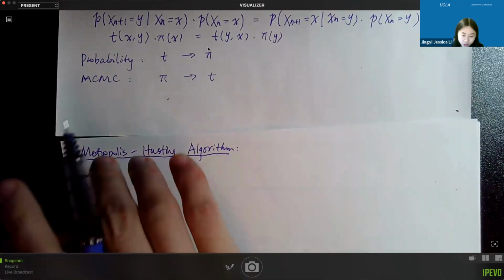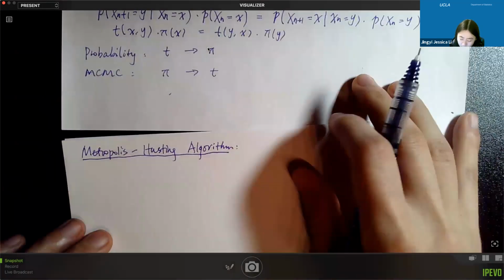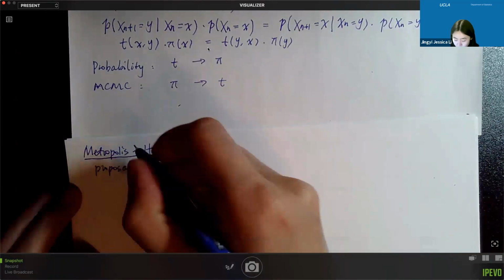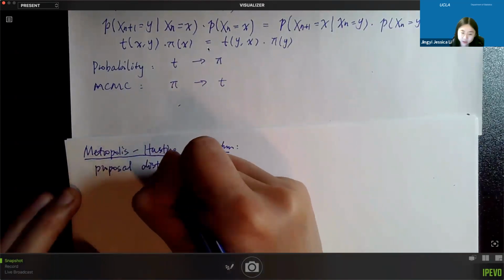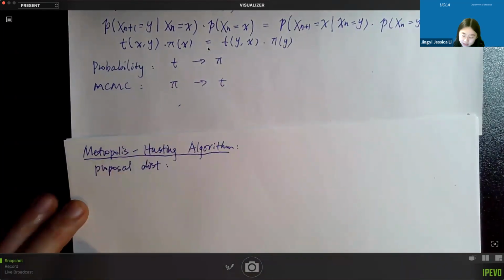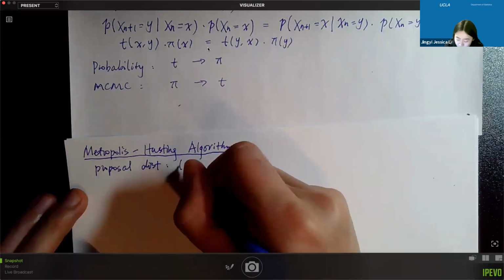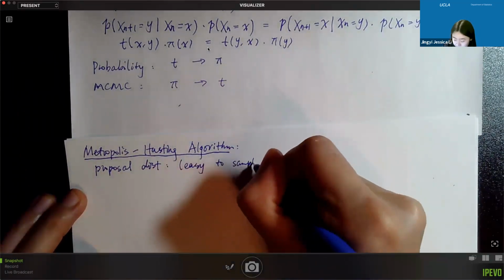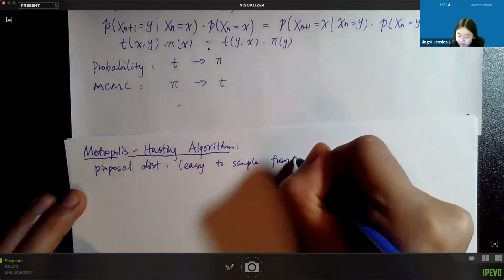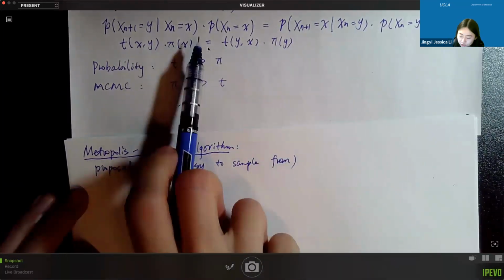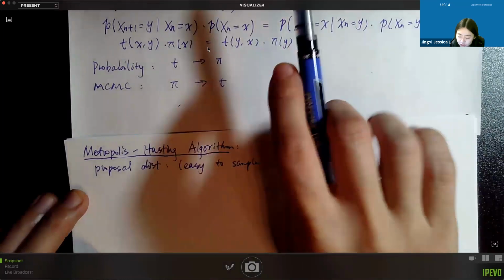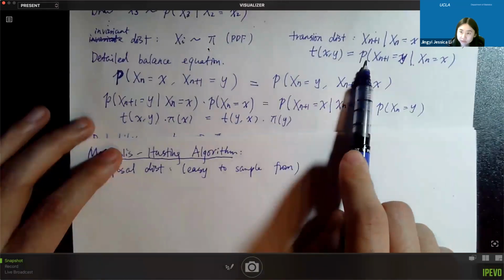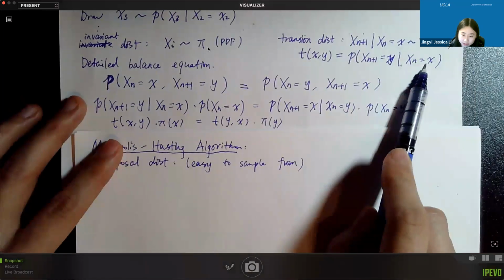This is what we call a proposal distribution to start with. The proposal distribution must be something easy to sample from, and it should be a distribution just like our transition distribution, in that it allows us to draw our next value given our current value.